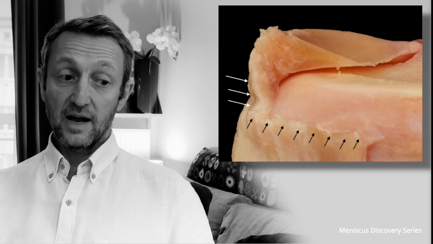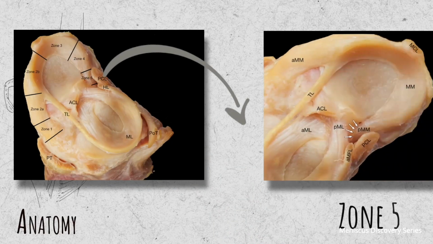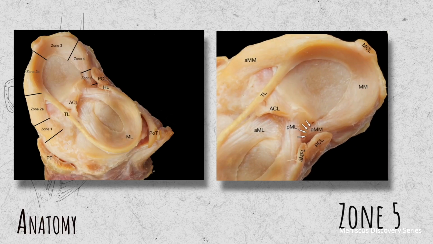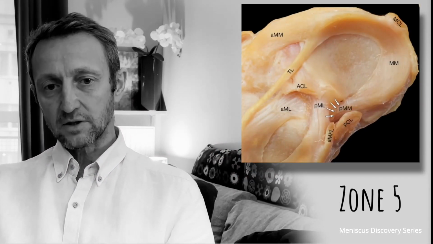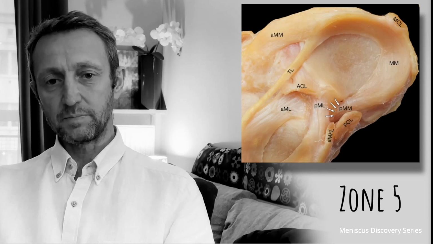I will explain soon what is so interesting in this zone 4. And now we go to zone 5, which is the posterior root of the medial meniscus. Again, the posterior root is located under the PCL. If we talk about posterior root repair, we should take into consideration that the posterior root is deep there under the PCL. It's not here.